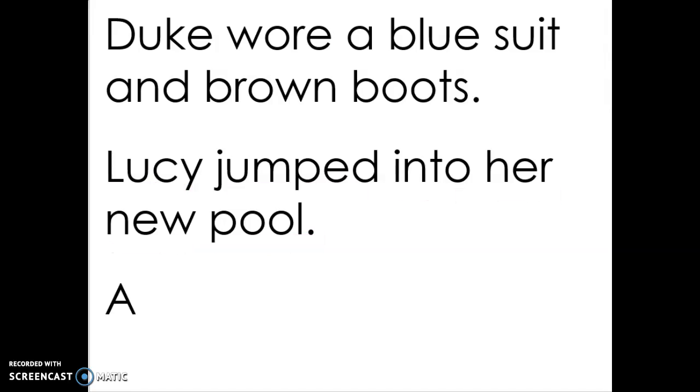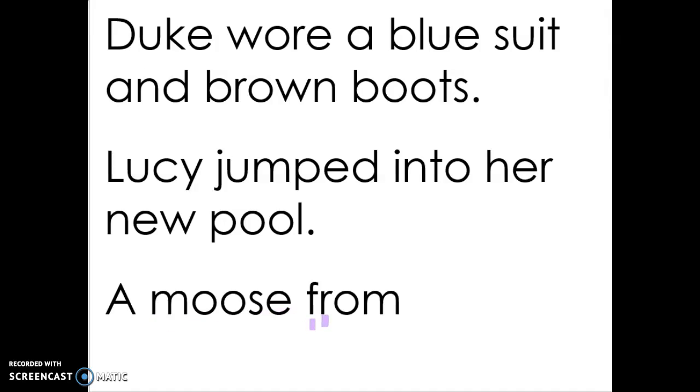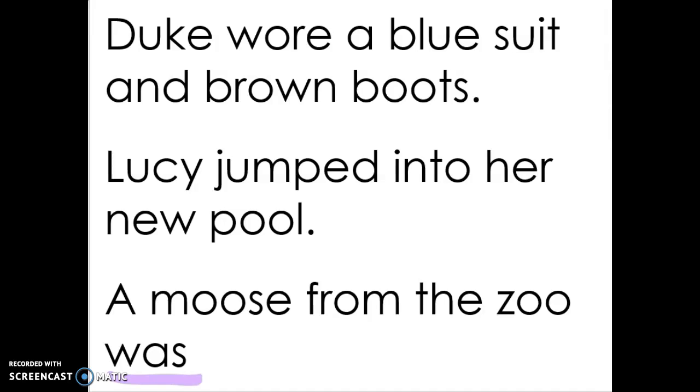All right, last sentence. Think. Say the word is moose. Next word, think. Word is from. Sight word is the. Think. Say word is zoo. Think. Say word is was.